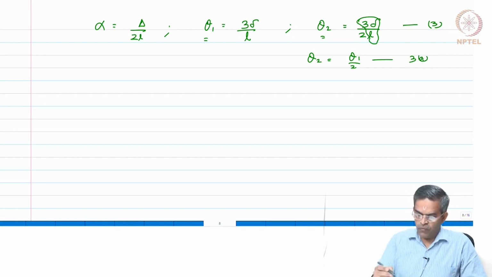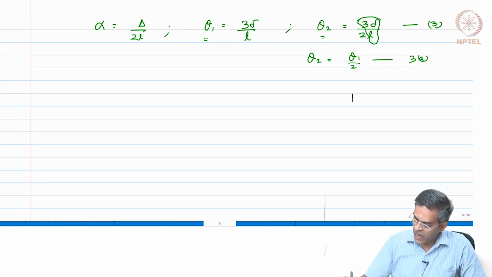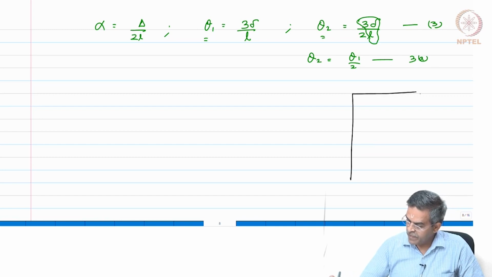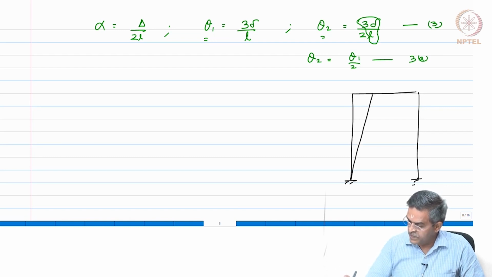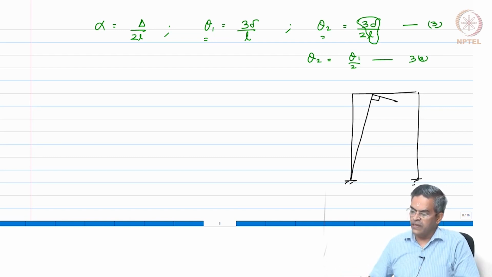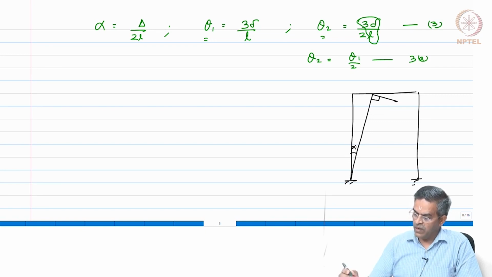Now, for the frame to sway towards the right and maintain this angle as 90 degrees, if this is alpha and this is theta 1, the frame has to sway towards the right.